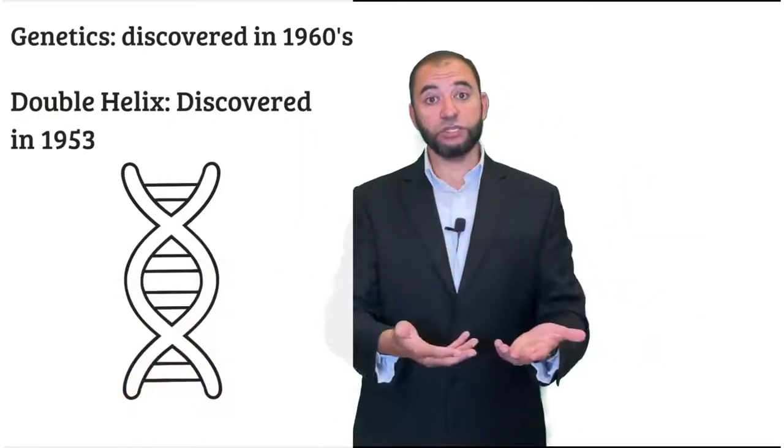There's information in the genes, and this information makes the creature look the way it looks. And then we understood also from Mendel, much earlier than that, that there are specific mechanisms that govern the inheritance of the traits or the features from the parents to the children.